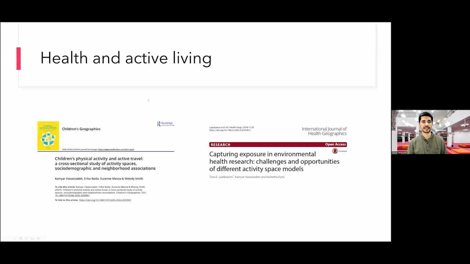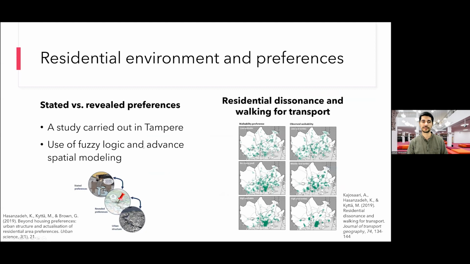We have looked at health and active living in different places. We had one study conducted in Auckland, New Zealand. We have different studies about residential environment and preferences in Finland, in Tampere and Espoo and Helsinki and different cities around Finland.